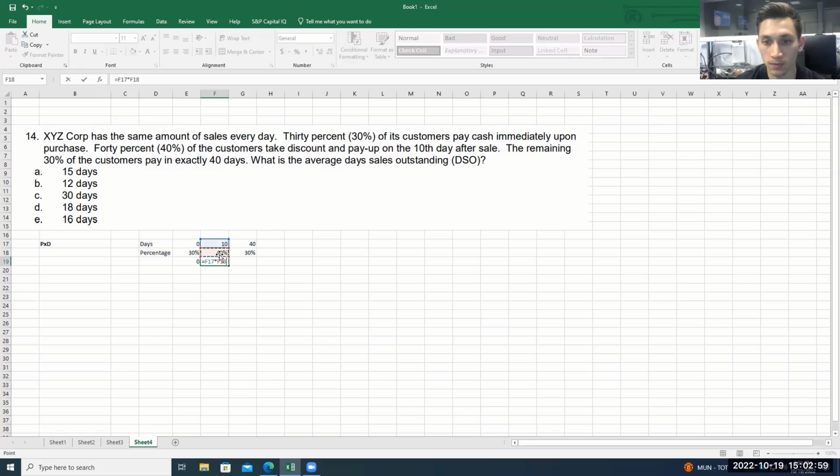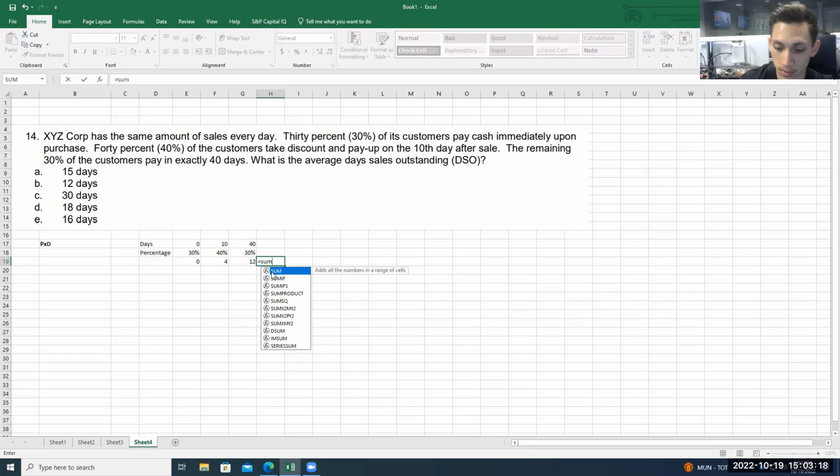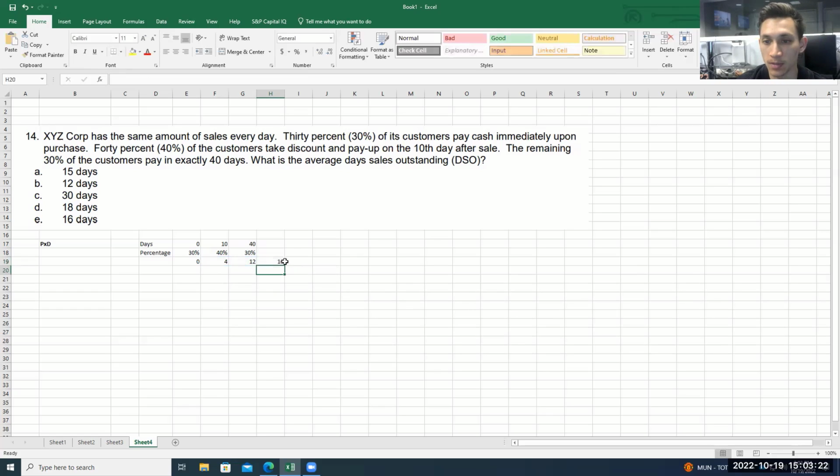Take the 10 days times the 40%. That's going to equal 4 days. And we do the last one. Take 40 days multiplied by 30%, returns 12. Then we just take the sum of these. That's going to be our average days we have to wait for the payments to come. Just 16 days, which is E.